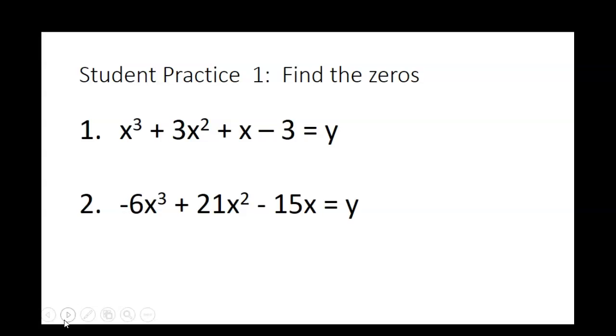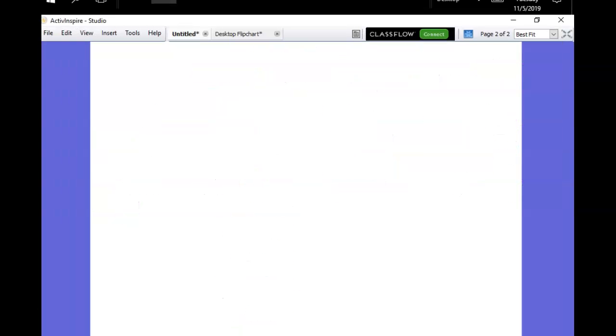All right, you guys ready? Here we go. So I'm gonna need some space here. It's negative 6x cubed, plus 21x squared, minus 15x, equals 0.